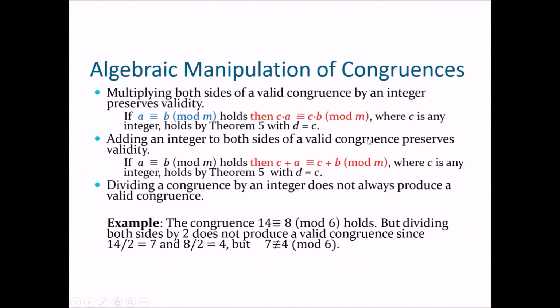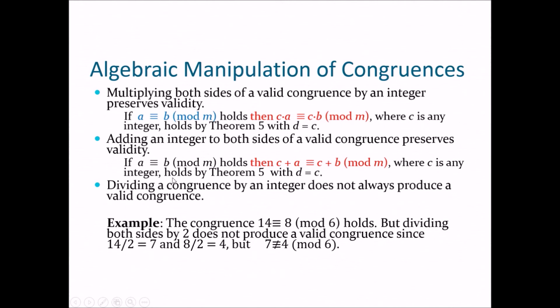Now, algebraic manipulations of congruences. Multiplying both sides of a valid congruence by an integer preserves validity. That is, if a is congruent to b mod m, then we multiply both sides by an integer c, and the result will still be valid. That is, ca is congruent to cb mod m.